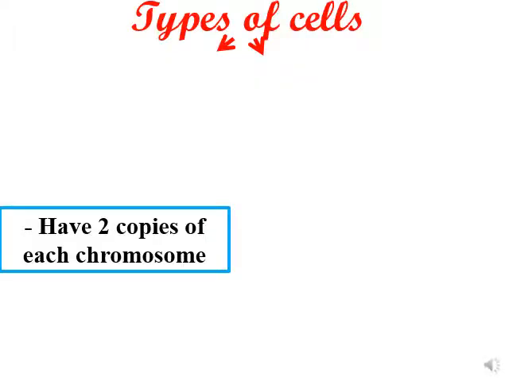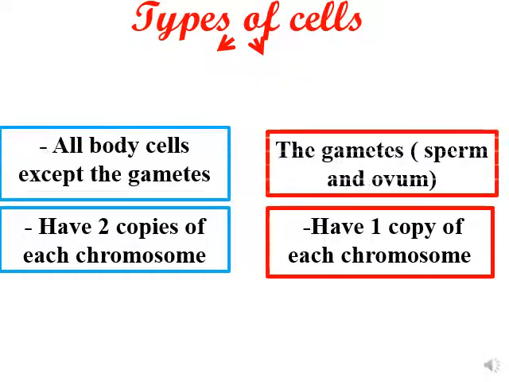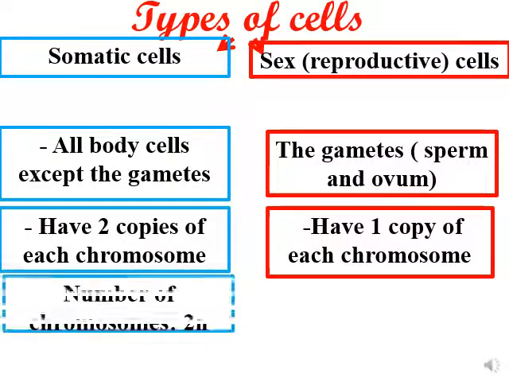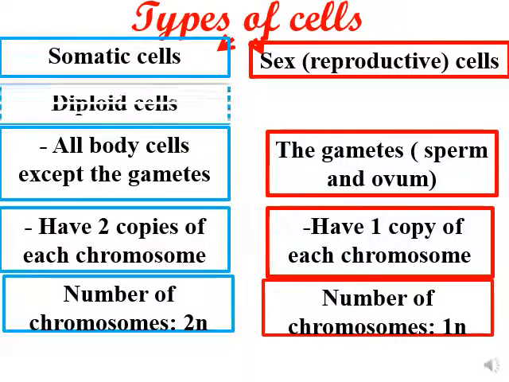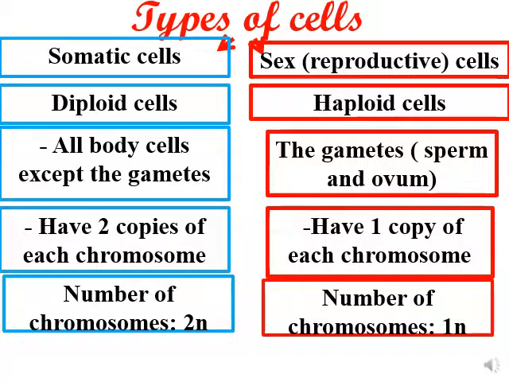Types of cells. So the types of cells, they are divided into either somatic cells or sex cells, also known as reproductive cells. So somatic cells, they are diploid cells, while the sex cells or the reproductive cells, they are haploid. What is the meaning of diploid?